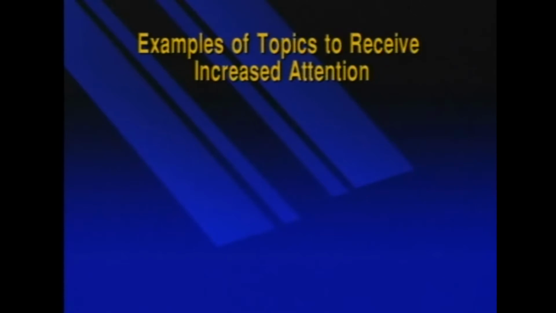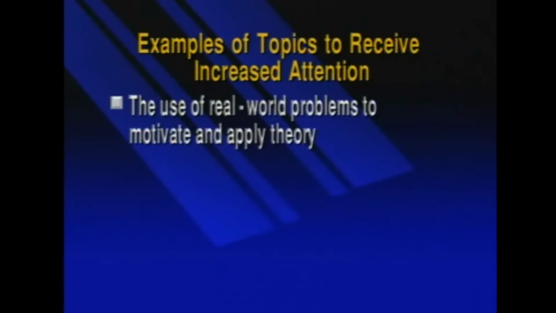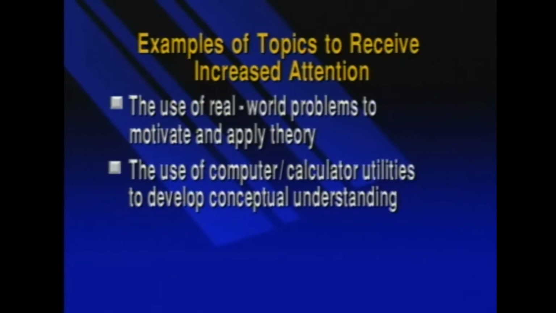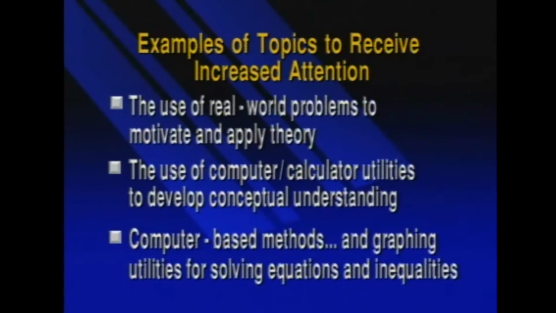What do they say? They basically talk about some of the shifts that we should do in algebra to make algebra more important, more meaningful, more exciting for students. They say that certain topics should receive increased attention and other topics decreased attention. Topics that need to receive increased attention are the use of real-world problems to motivate and apply theory, the use of computer utilities to develop conceptual understanding, and computer-based methods and graphing utilities for solving equations and inequalities.